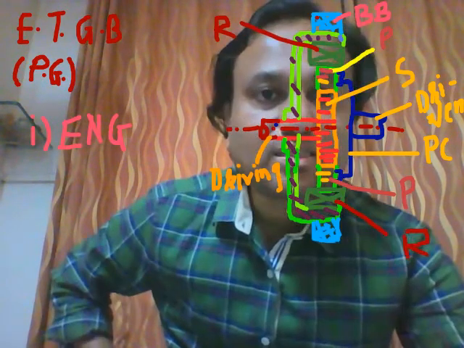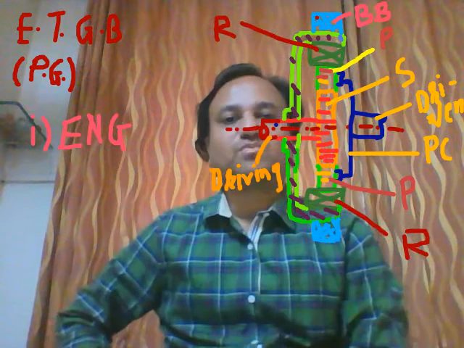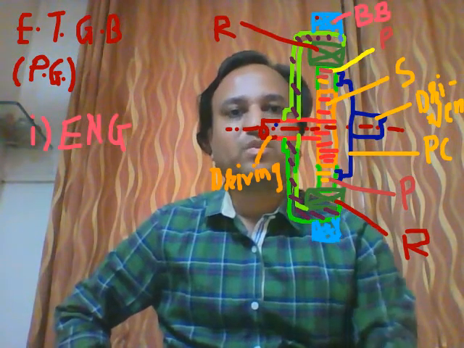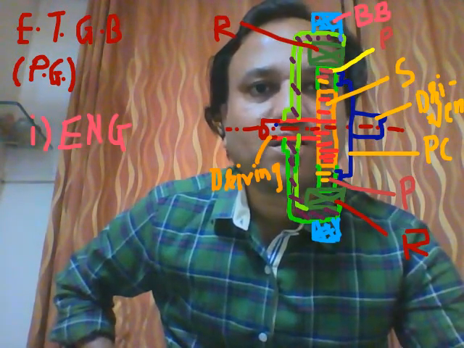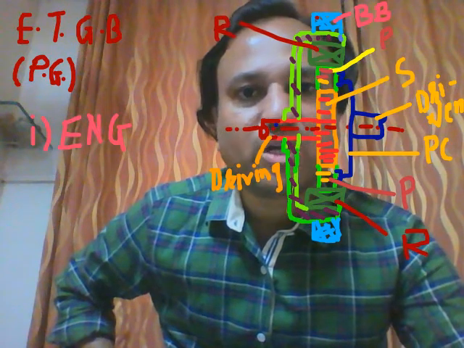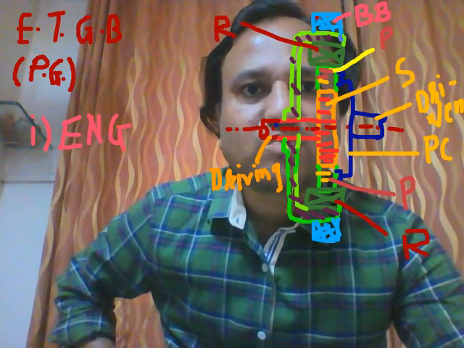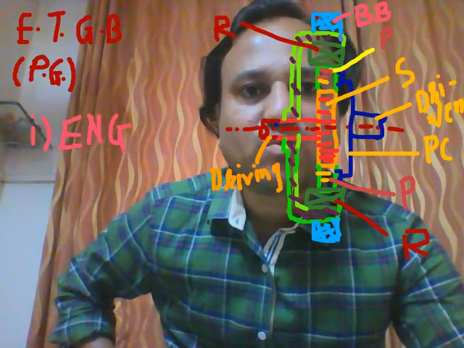When this band brake is levered, with the help of the lever, some braking force is applied on the band brake. This band brake is connected to the ring gear.